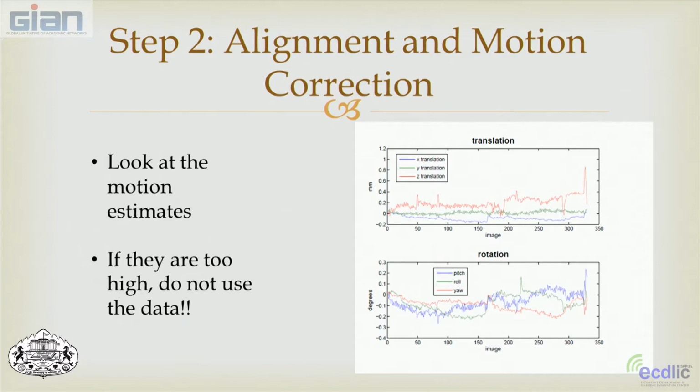You can see here, the top plot shows the translation, which is the movement in the plane, either in the X, Y, or Z directions. And you can see here that these parameters are correlated with each other, meaning they don't move independently of each other. If something moves in one direction, a lot of times it also moves in the other.